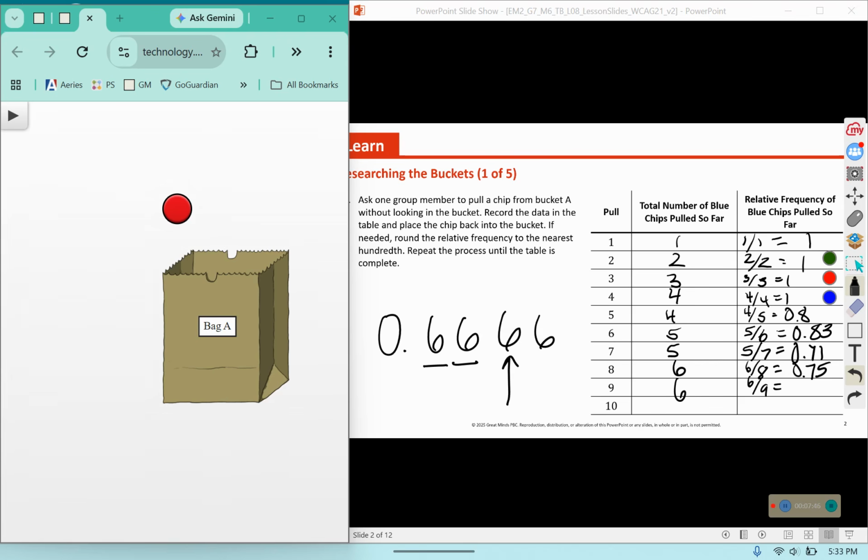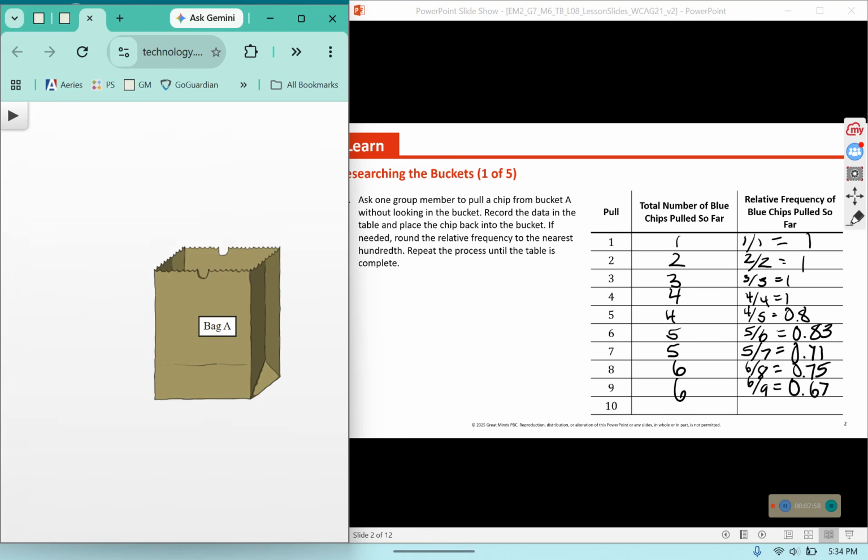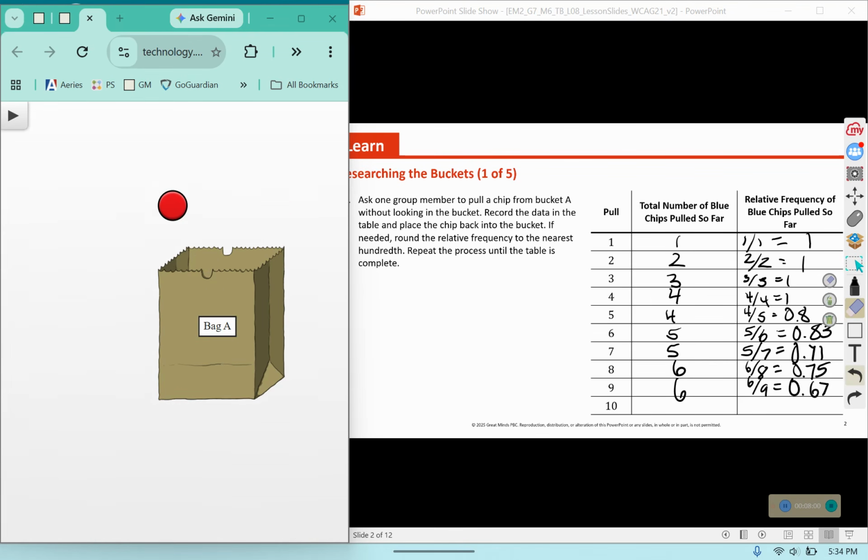That third one, since it's 5 or more, it rounds this up. So instead of 0.66, it should say 0.67. And then this is still 6, since we haven't gotten another blue yet. So 6 out of 10. 6 divided by 10 is 0.6.